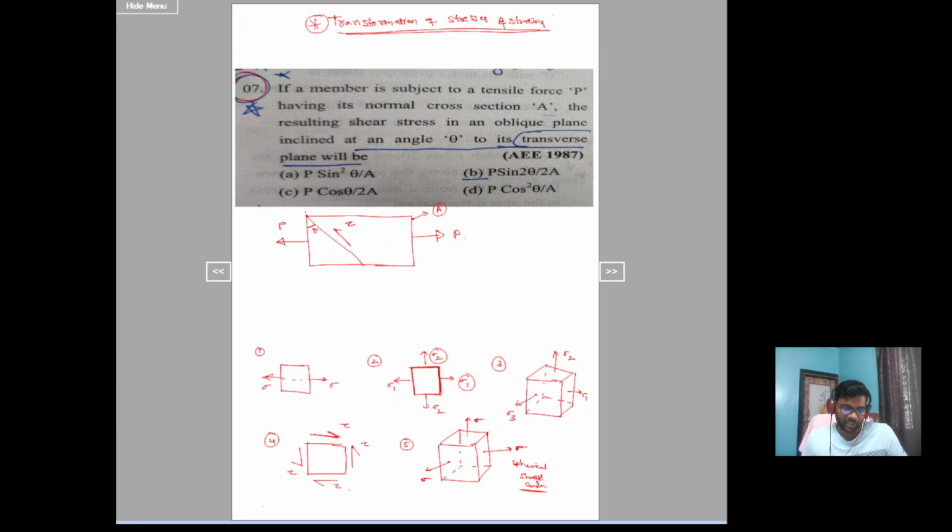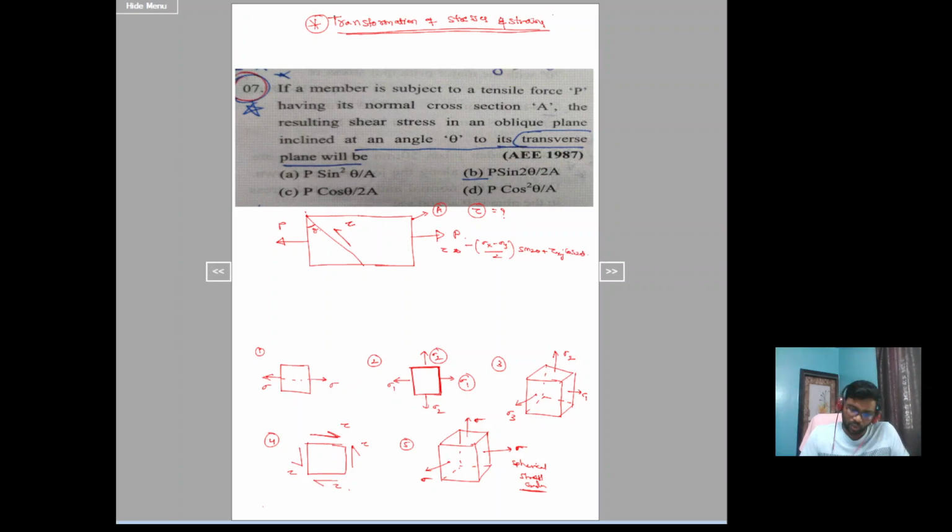Now he is asking about the uniaxial stress condition. Out of these five, this is the first one. This will be the example of the uniaxial stress condition. Now he is asking to calculate the shear stress acting on the plane which is making an angle of theta. If you solve using transformation equations, tau is equal to minus of (sigma x minus sigma y) by 2 into sin 2 theta plus tau xy cos 2 theta.